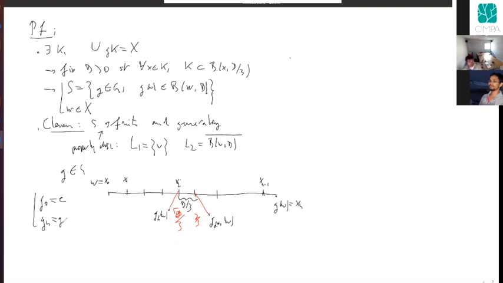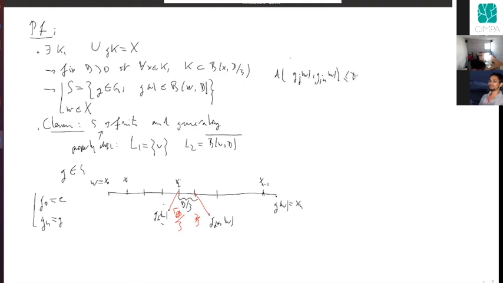And so what I get by the triangle inequality is that the distance between Gj of W and Gj plus 1 of W is at most the distance from Gj of W to Xj, so this is at most D over 3.